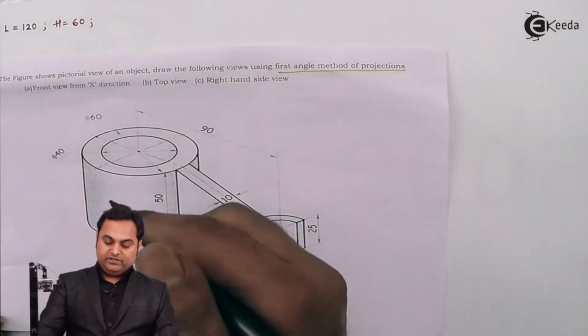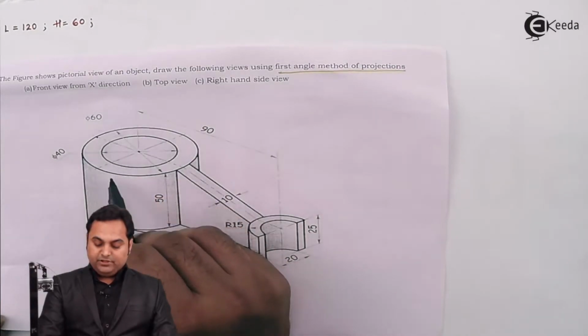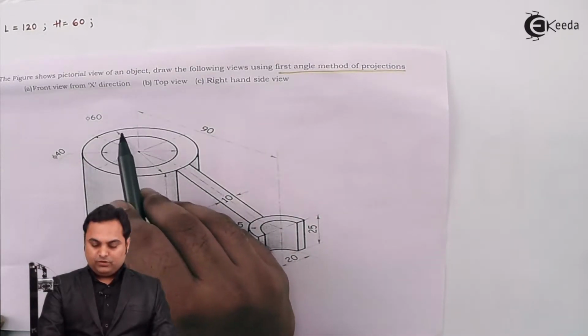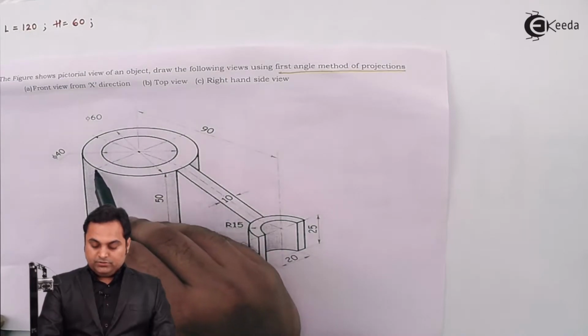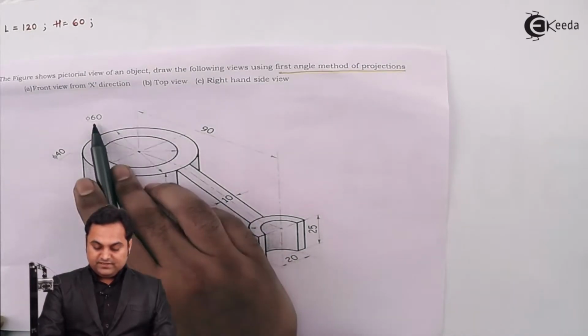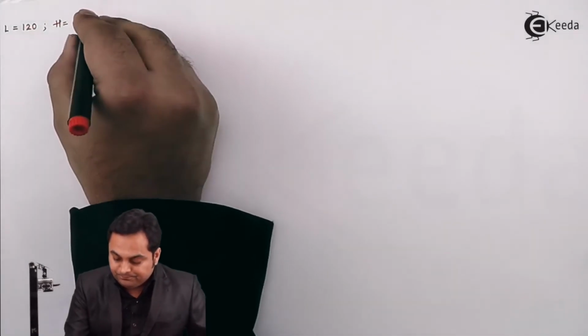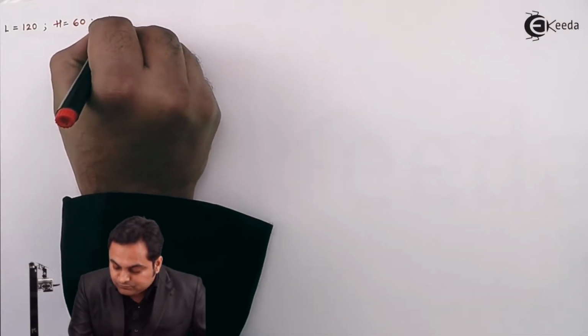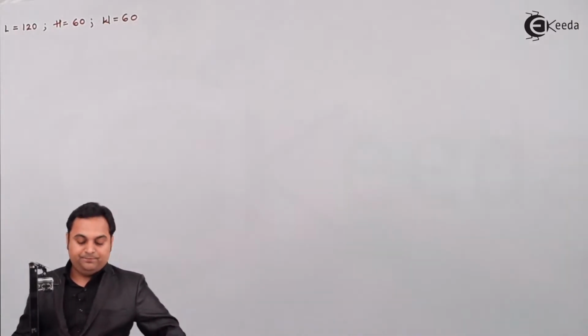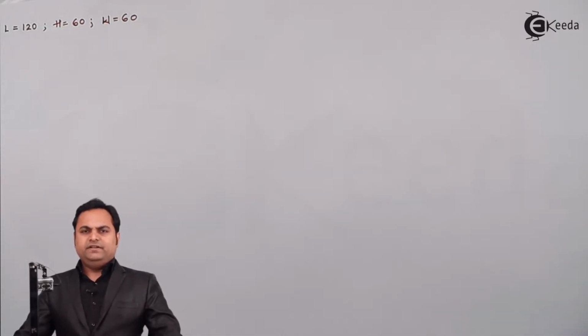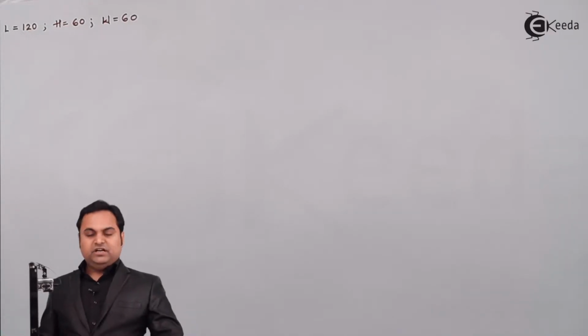So the maximum width is nothing but the diameter of this outer cylinder or this outer circle. So that is 60 as given in the question. So here the total width will be 60 mm. So once we have noted down the total length, height and width, we can start with the problem.